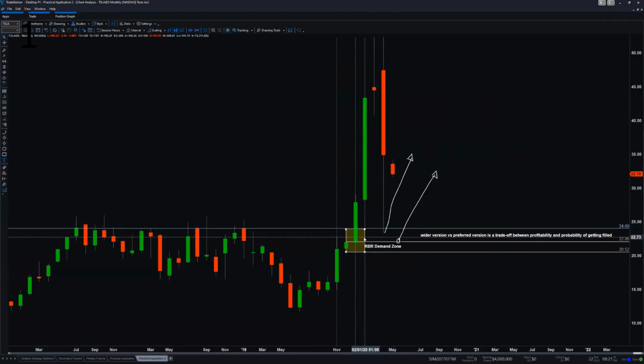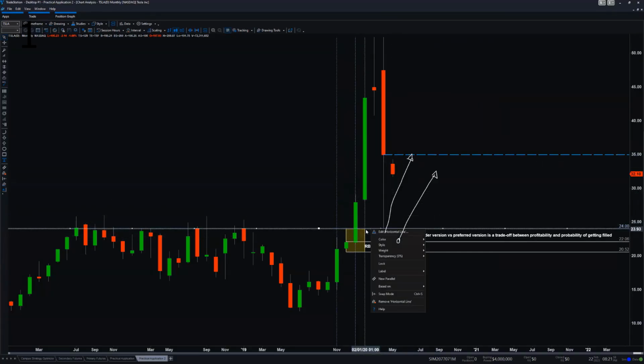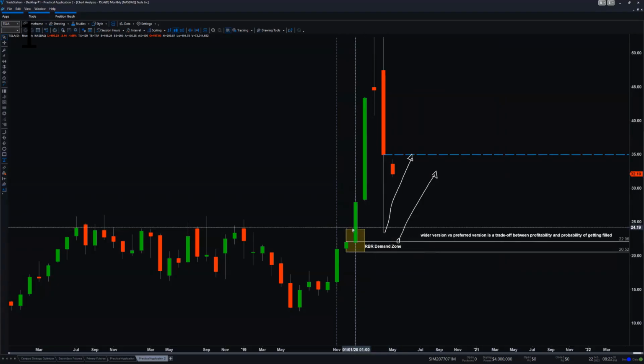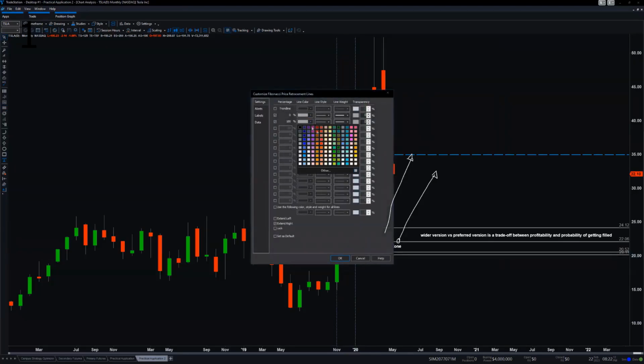However, if we're applying our boxes to, let's say here, if this is our target, and this is our entry, and our stop is somewhere below, let's make those nice colors that we're used to, just to drive this home.